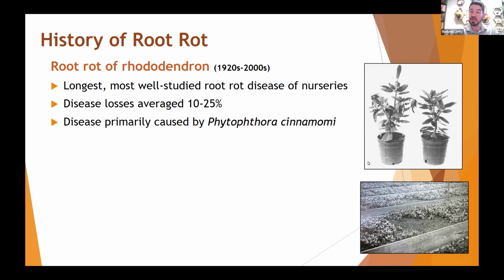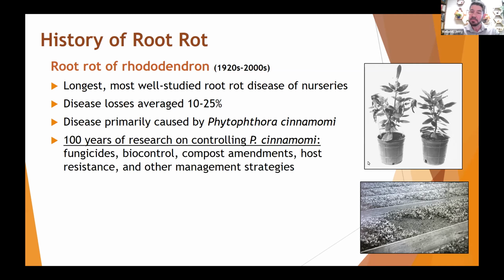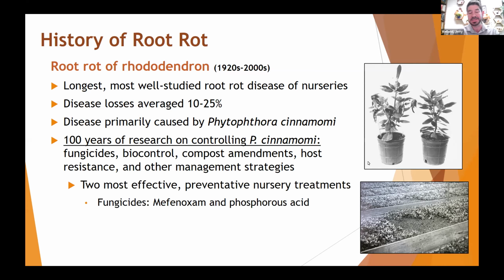That comes from surveys mainly from the 1970s, 80s, and 90s. There have been a couple of surveys after that that also pinpointed cinnamomi as the primary cause. And basically, there's been 100 years of research on how to control Phytophthora cinnamomi. This includes research on fungicides, biocontrol, compost amendments, host resistance, and numerous other disease management strategies.